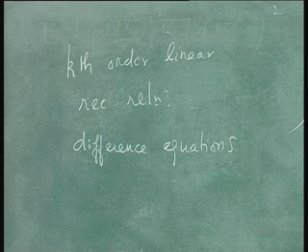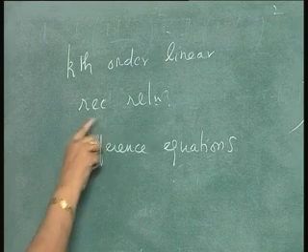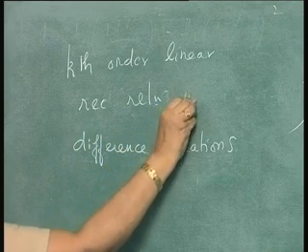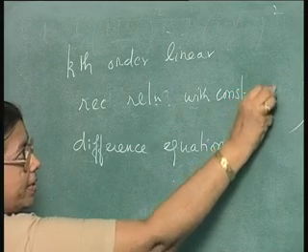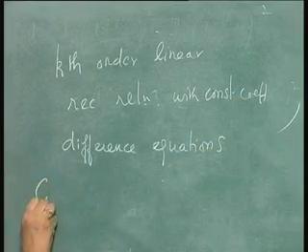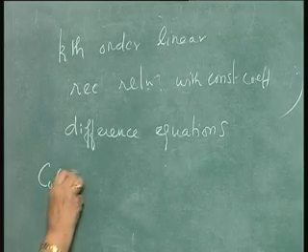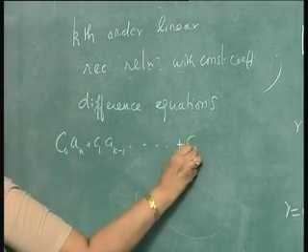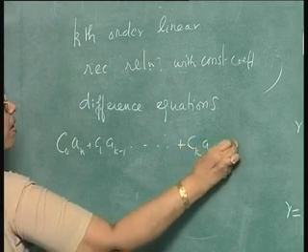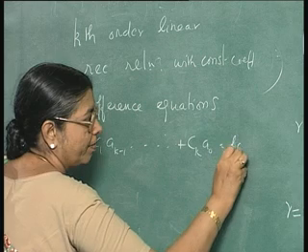If you have a kth order linear recurrence relation with constant coefficients, it is of the form C naught AK plus C1 AK minus 1 etc. plus CK A naught is equal to FR.